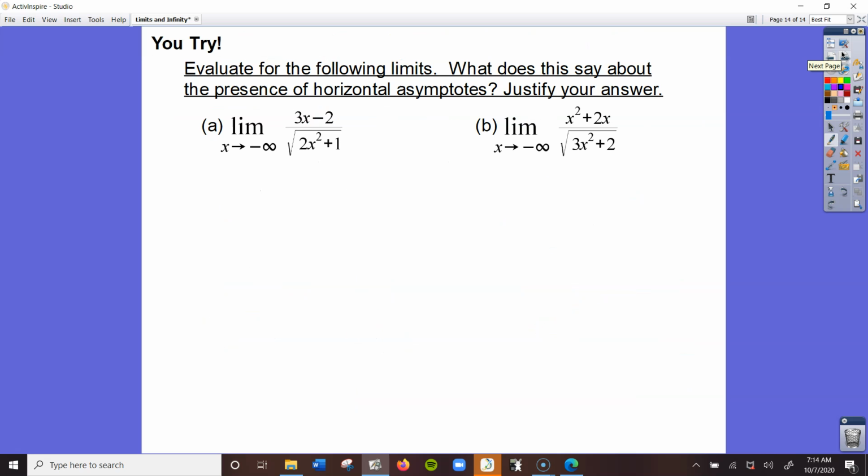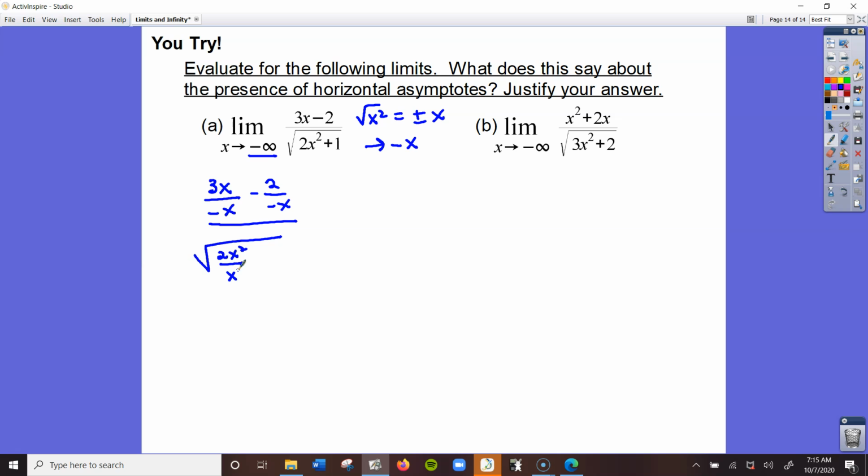Let's look at a couple more examples. So here, the highest degree in the denominator would be the square root of x squared, which again, we already know, plus or minus x. Since this is approaching negative infinity, we are going to divide everything in the numerator by negative x. So 3x over negative x minus 2 over negative x all over the square root of 2x squared.